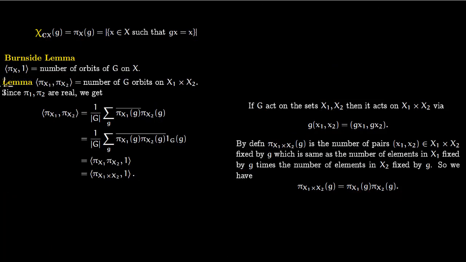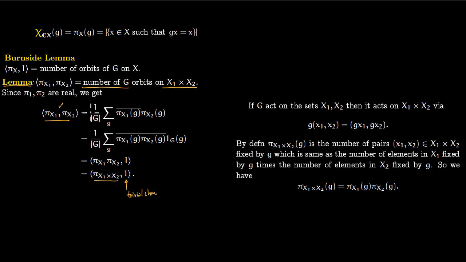So now we want to prove this small lemma. The inner product of pi x1 and pi x2 is equal to the number of G orbits on x1 times x2. What we will show is that this inner product is actually equal to the inner product of pi of x1 times x2 with 1, the trivial character, because then we can use this Burnside lemma to show that it is the number of orbits of G on x1 times x2, since instead of x we are writing x1 times x2.